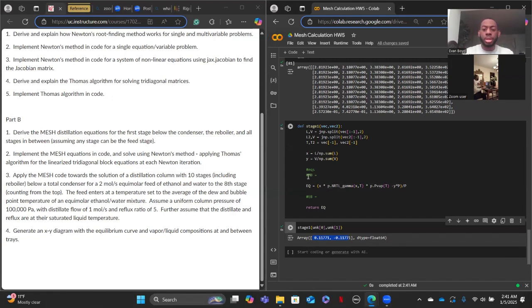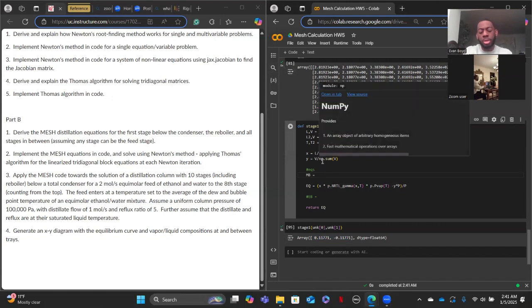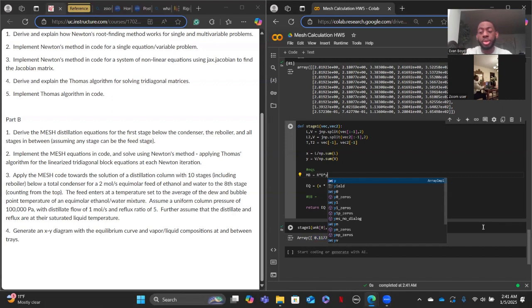So for mass balance, of course, we're doing it from our current stage, from the stage below. For our mass balance, we know that we have the liquid coming in from the condenser, which is our reflux times our distillate times our vapor composition. That's coming down in liquid form into our stage.